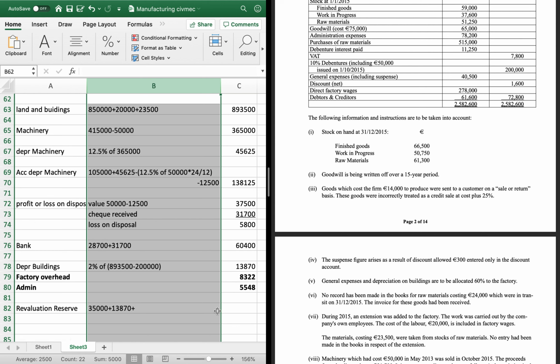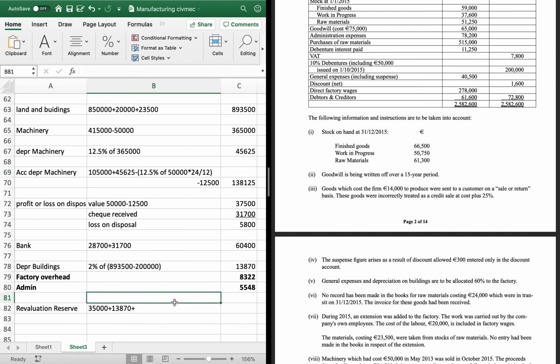So you've got 606,500 to add on to your land and buildings. So 606,500 gets added on. Sorry, I managed to turn on the telly there, trying to look at something.